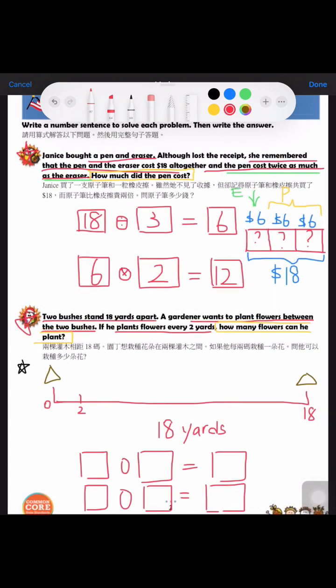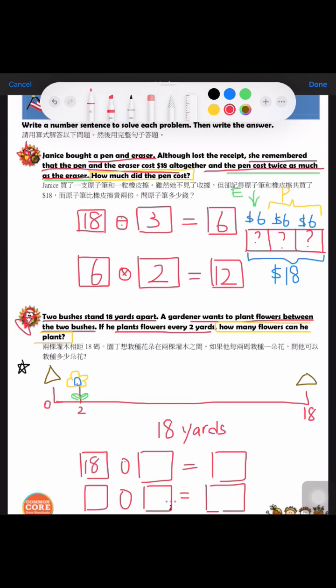Here we have 2 bushes, 18 yards apart, and the gardener wants to plant a flower every 2 yards, so we draw a flower here.